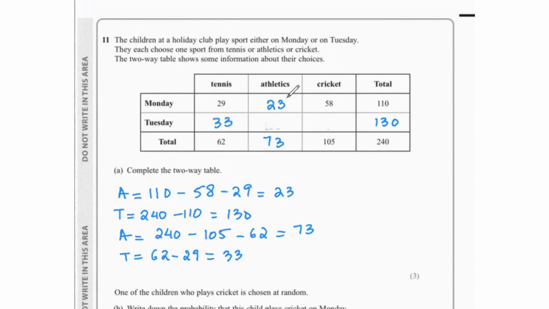For athletics on Tuesday, we do 73 minus 23, that's 50. And for cricket on Tuesday, we do 105 minus 58. That gives us 47. So these are your values for the table.